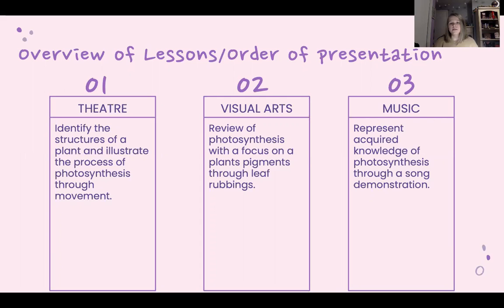For visual arts, students will do a review of photosynthesis with a focus on plant pigments through leaf rubbings. Students will learn more about chlorophyll, especially, and how we can extract chlorophyll from healthy green leaves or baby spinach. As for music, students will take what they learned in theater and visual arts and demonstrate that through a song by using photosynthesis as their inspiration.